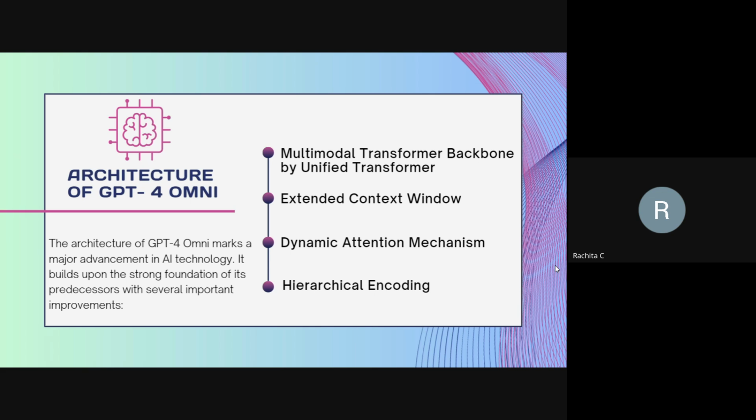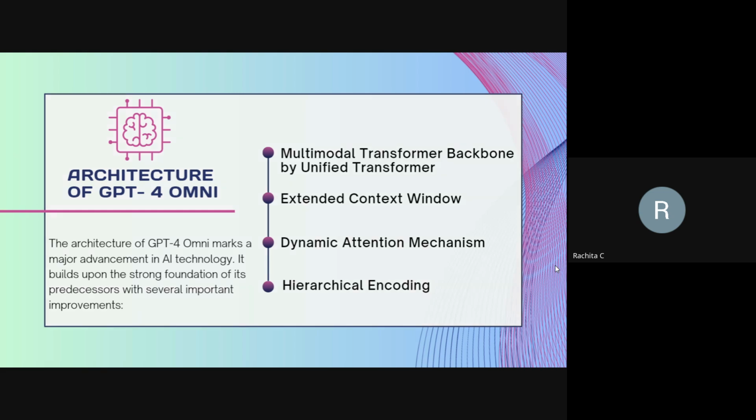The fourth one is hierarchical encoding. Here we see this model catering to a wide range of applications. We can do a high-level summary of a paragraph, or it can perform a very detailed technical task, and it is able to give an explanation for the work it has done. So it caters to a wide range of applications.